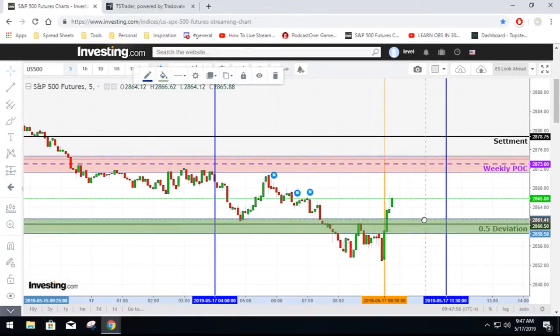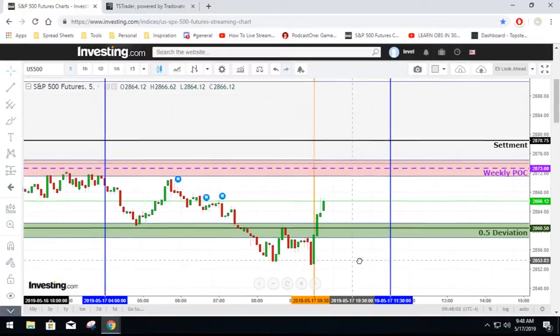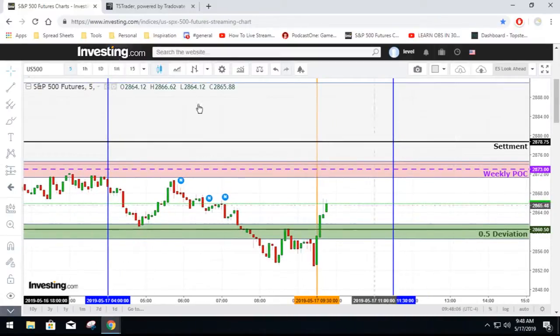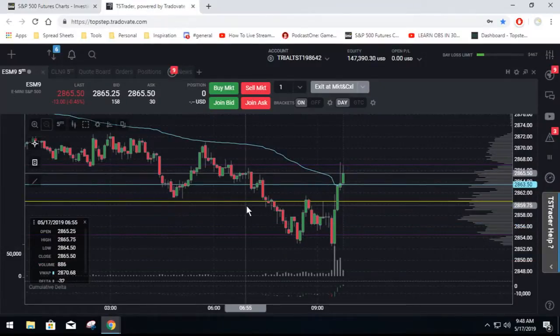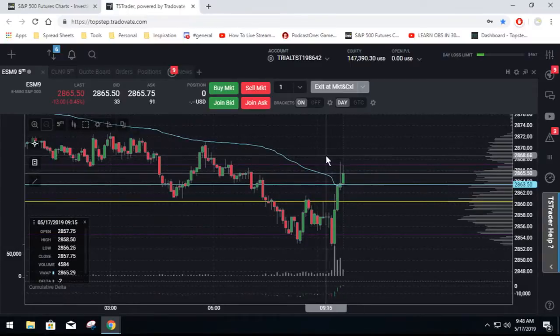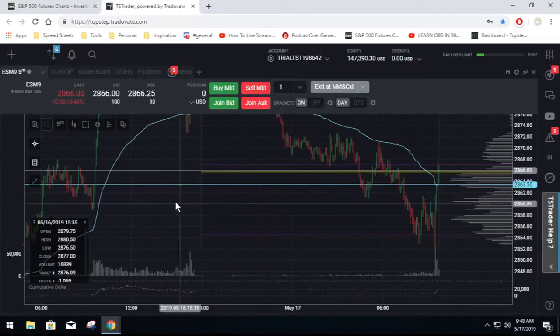So we already completed that trade. The order got filled at 66.5. Yeah, got a touch of 67. So value area complete. Now it's just a monitor of where we go from here.